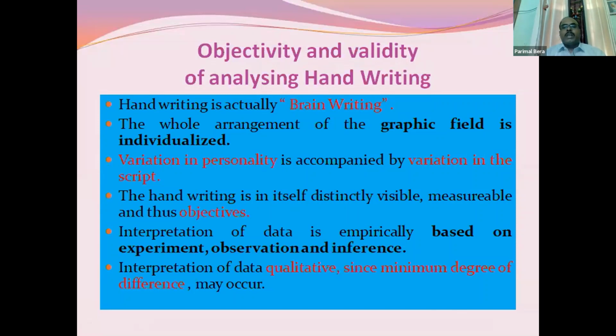As the ma'am rightly pointed out, in some cases the T bar is placed at the top of the T, sometimes in a lower position, and sometimes in a middle position. So it is not subjective, it is completely objective, because as I mentioned earlier, handwriting is actually brain writing. What your brain is thinking is reflected through your writing.